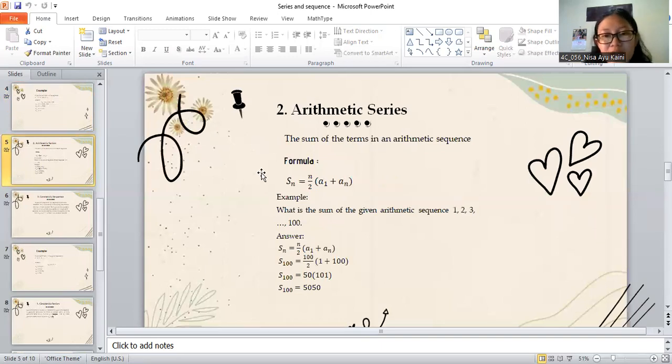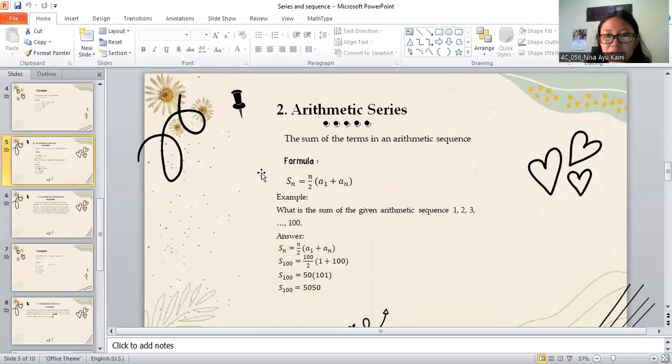The second material is about arithmetic series. What is an arithmetic series? An arithmetic series is the sum of the terms in an arithmetic sequence. We have a formula for solving an arithmetic series: S sub n equals n over 2 times the quantity a sub 1 plus a sub n.